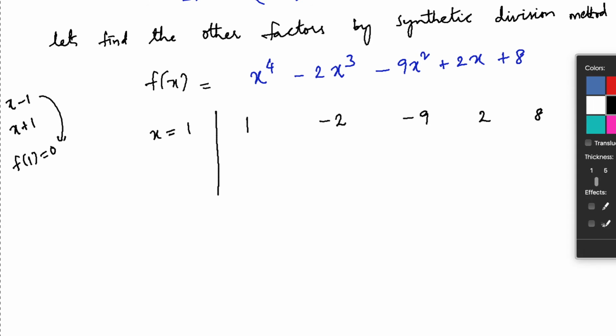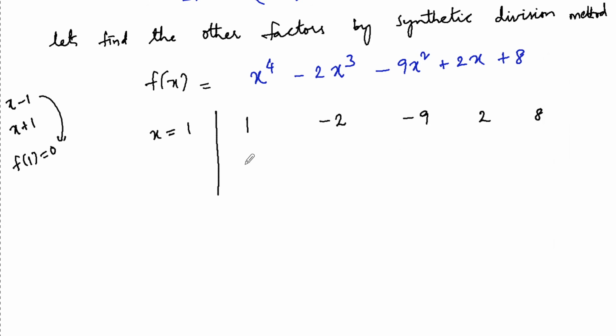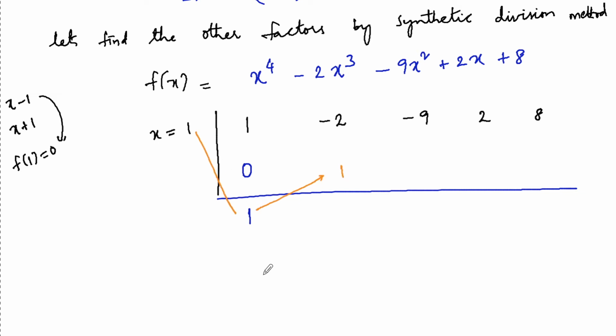Initially you put 0 here, then find the sum: 1 plus 0 is 1, do addition, not subtraction. Now you have to do the multiplications: 1 times 1, 1 ones are 1, you write here.